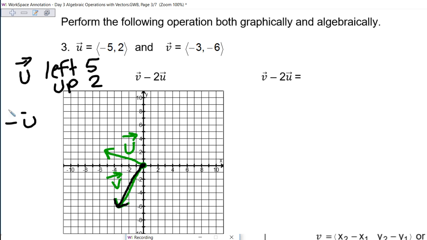So instead of going left 5, I need to go right 5. And instead of going up 2, I need to go down 2. So remember, this is tip to tail. So wherever we just left off, that's our new starting point. So from this point, I need to go right 5, down 2.